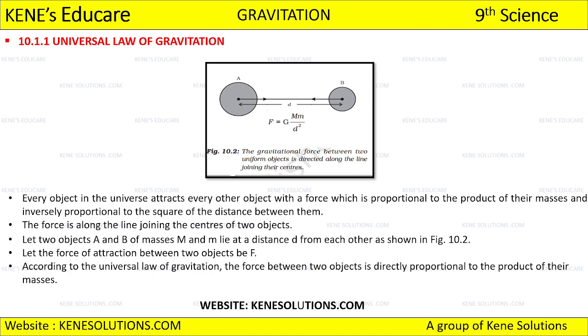Okay, so that is how we get the formula F = G M m / d², where G is the gravitational constant, capital M is the mass of object A, small m is the mass of object B, and d squared is the square of the distance between the two objects. So I just want each one of you to please go through the slide once, and then I'll show you the other slide as well.